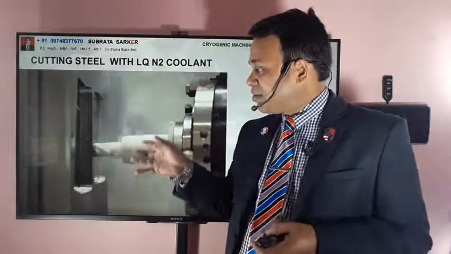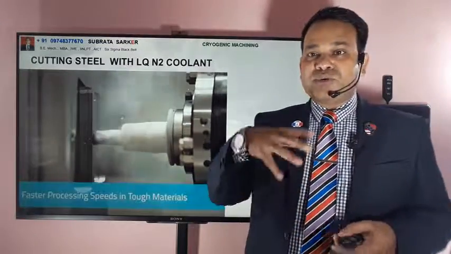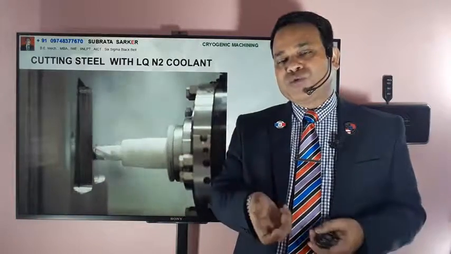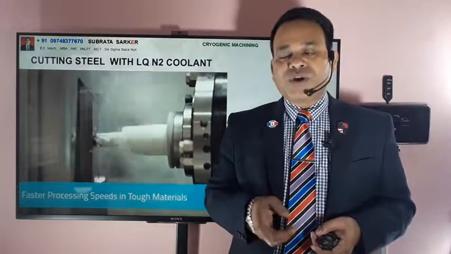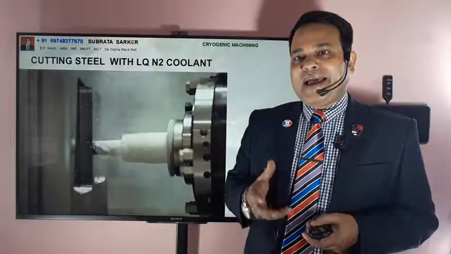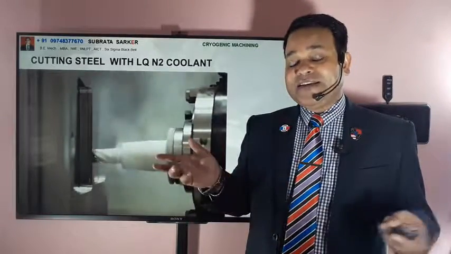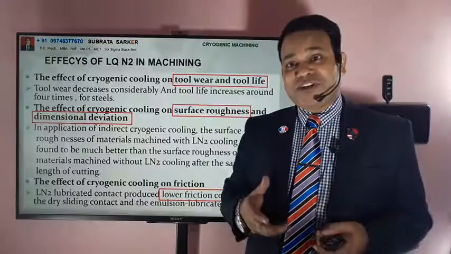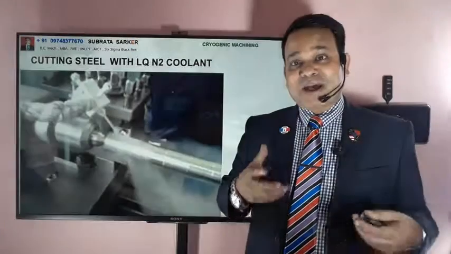You can see here the machining process is going on. When the metal cutting operation is going on, liquid nitrogen is sprayed through the system inside the tool or externally from the tool, and it has a lot of advantages. This is the latest metal machining using the liquid nitrogen process.